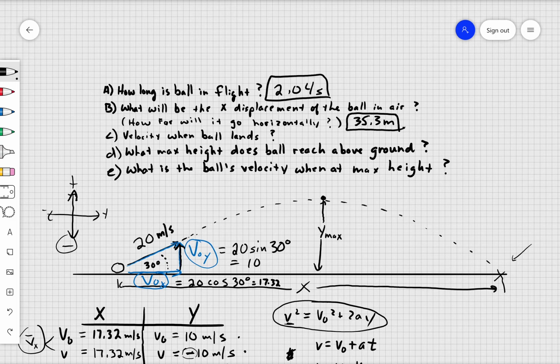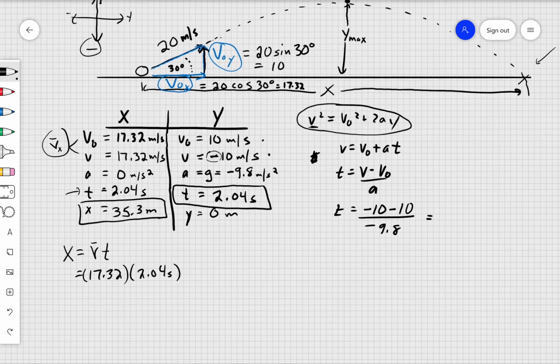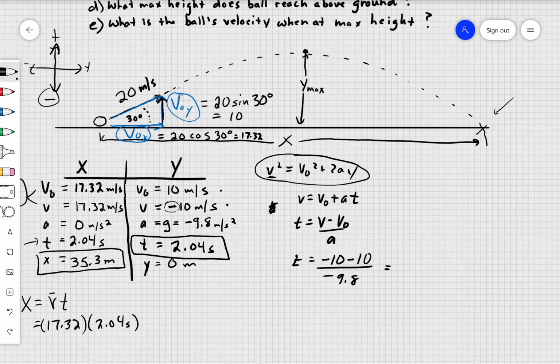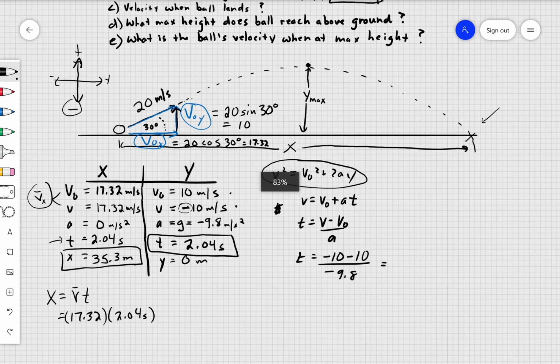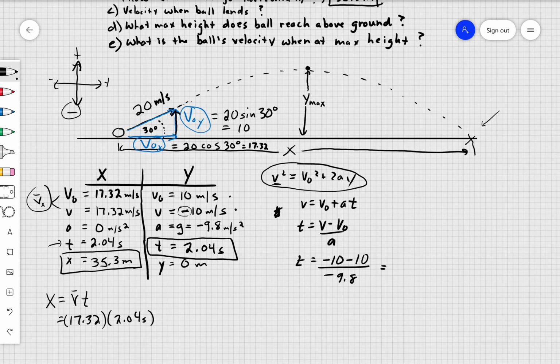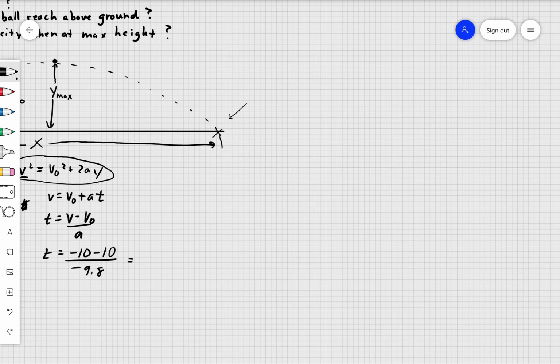Now to get this velocity when the ball lands, and before I do that, guys, I'm going to show you one little shortcut here to finding this range, the x displacement. This would be an equation that's worth committing to memory, but you must know when it is applicable.